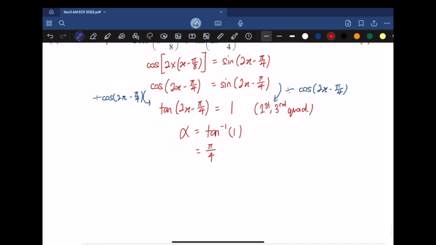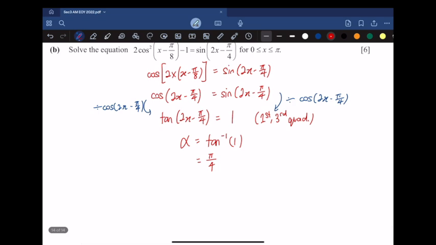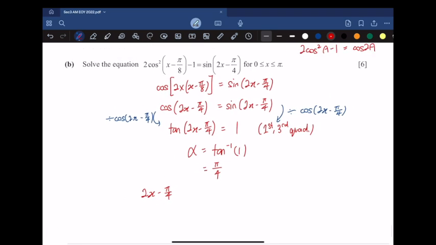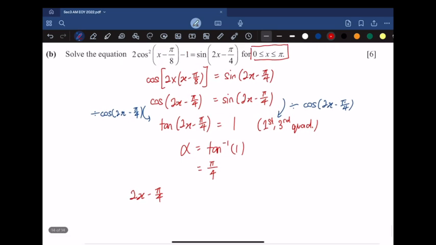So over here we can see that in this case, 2x minus pi over 4. But note that your range needs to be updated. This is the initial range given. Let me update the range. 2x is 2 pi.